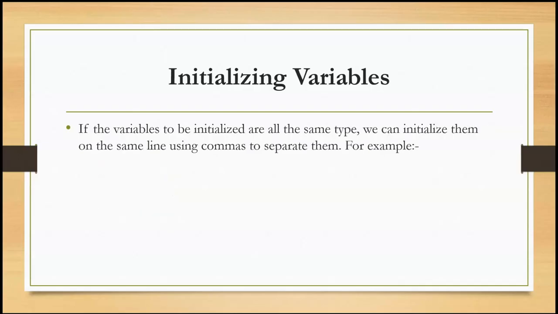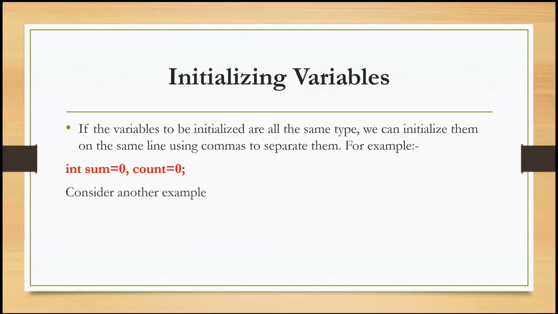If the variables to be initialized are all of the same type, we can initialize them on the same line using commas to separate them. For example, int sum equals 0, comma, count equals 0. Okay, and this statement ends with semicolon as usual.